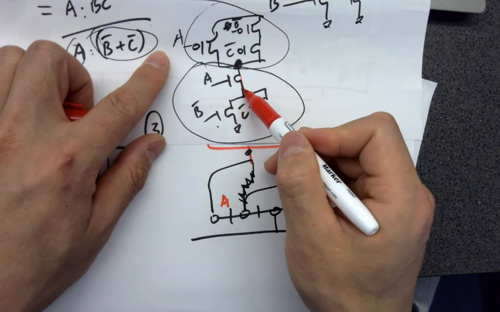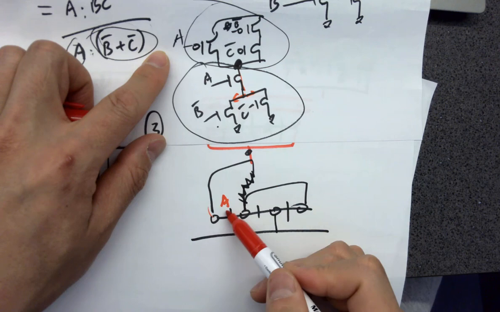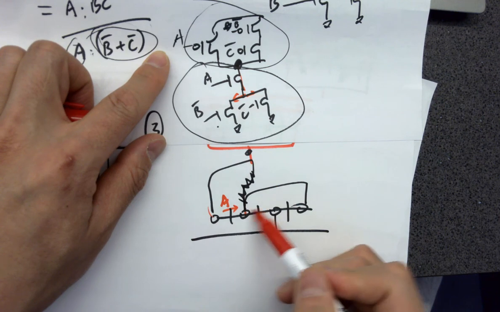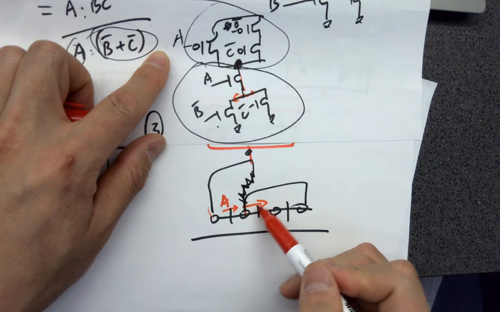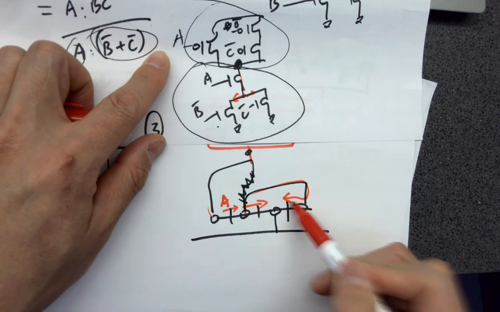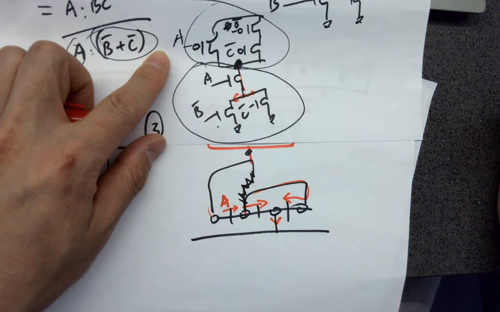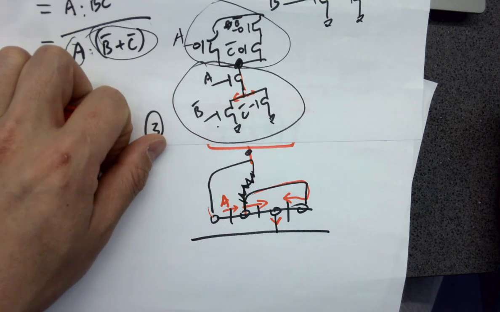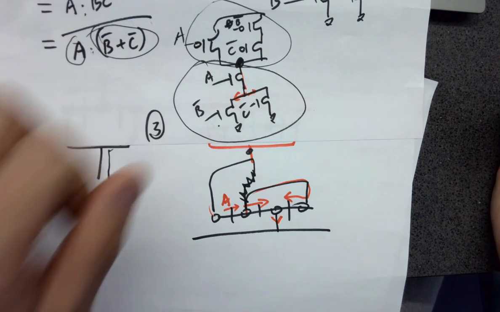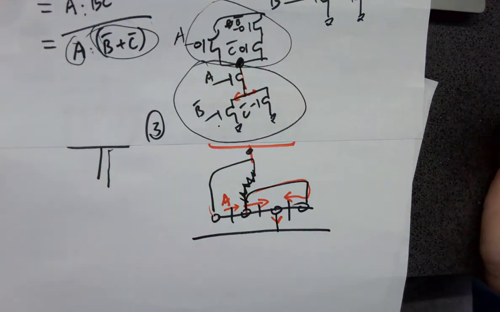So go through A first and then split. How do you split it? One goes through here, one goes through here, and merge. Questions?